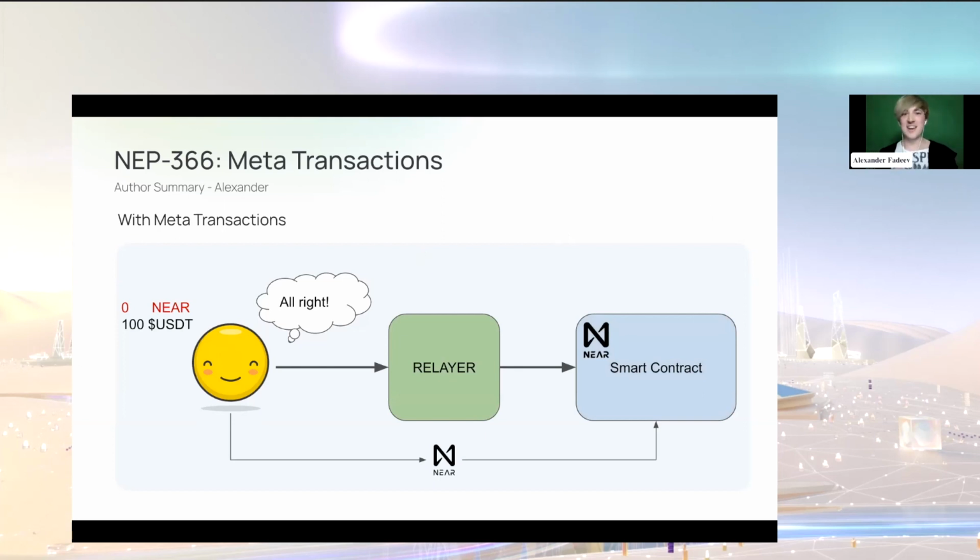We introduced native support from the NEAR blockchain, and with additional enablement with special entities called relayers. So many different use cases could be solved. The user initiates a meta transaction while the relayer pays for gas.